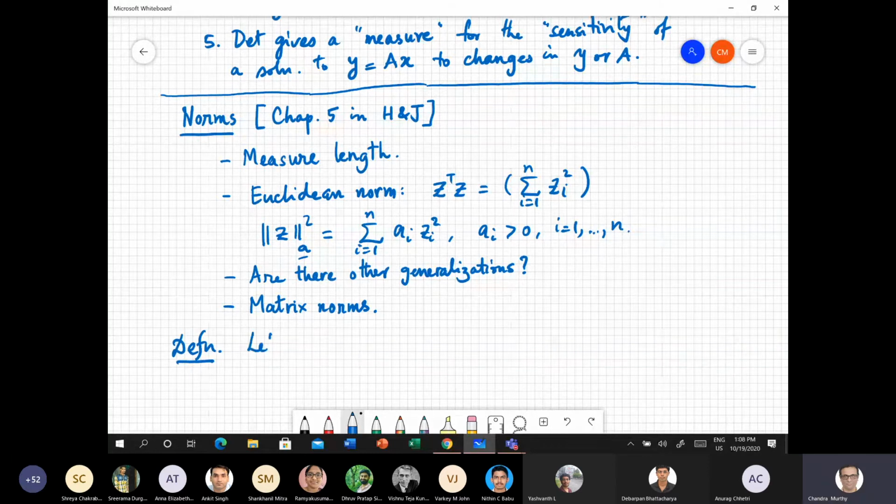So let me formally define a norm. Let V be a vector space over a field F. For the purposes of this course, think of it as either the real line or the complex plane.